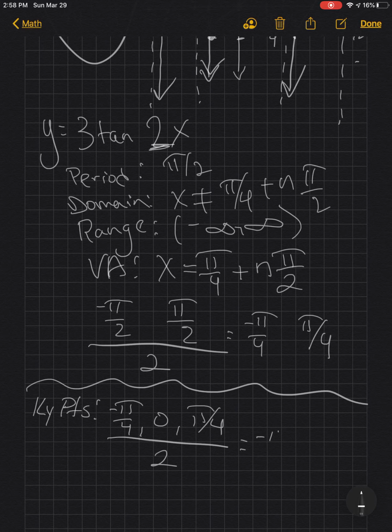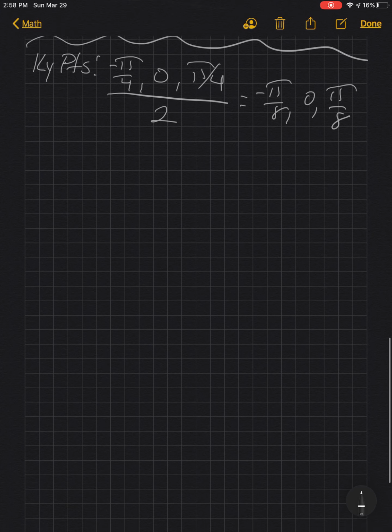So we're going to have negative pi over 8, 0, and pi over 8. All right, so now let's make this into a table. And also keep in mind that we have a 3 in front. So what does 3 do? 3 gets multiplied to our y values. Got it? Okay, so let's make our table.